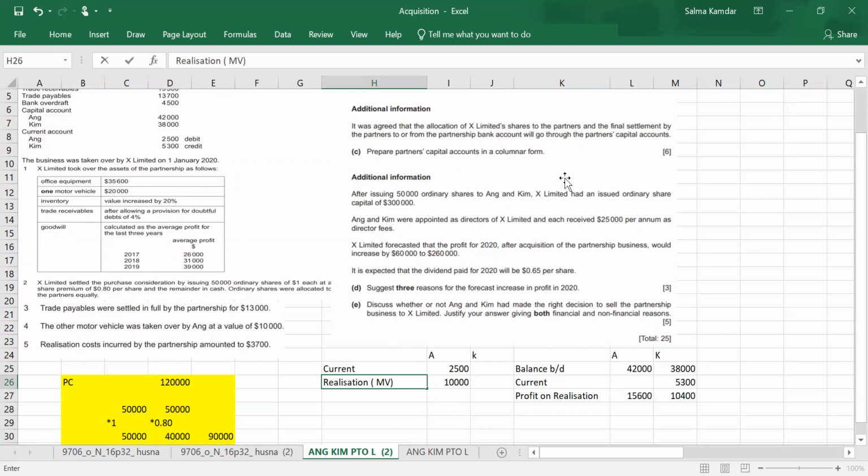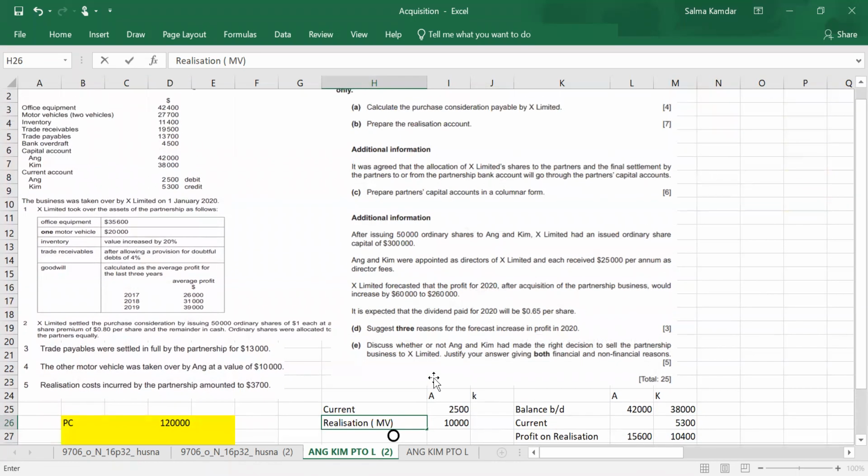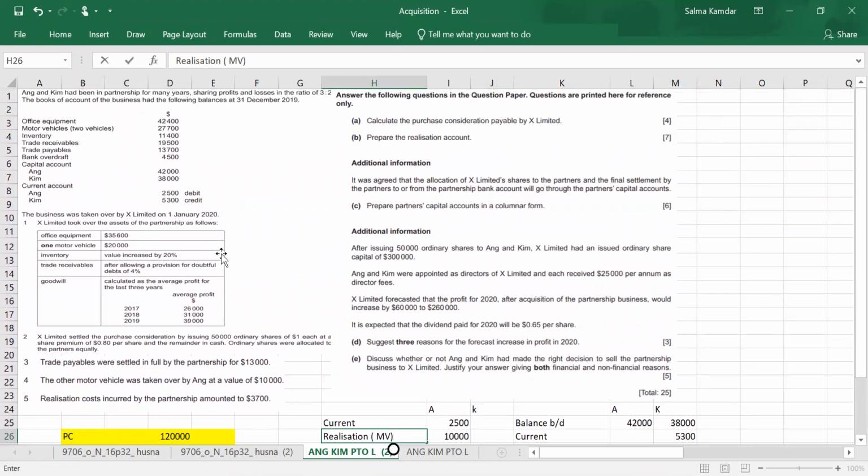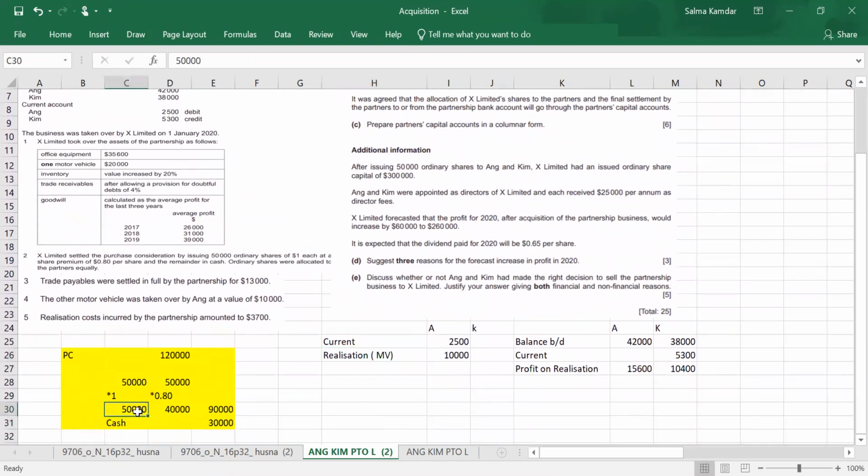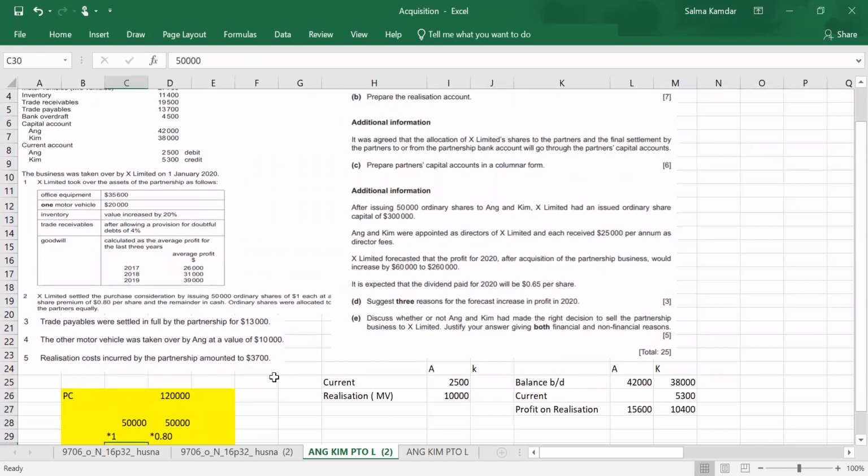Now I don't know how many shares I should give to the partners, but it would go through the partners' capital account. Let's read the question properly and see if they're telling me in what ratio I am supposed to give these shares with the premium to the partners. X Limited settled the purchase consideration by issuing 50,000 ordinary shares of $1 at a premium of 0.80. Remainder is given in cash.